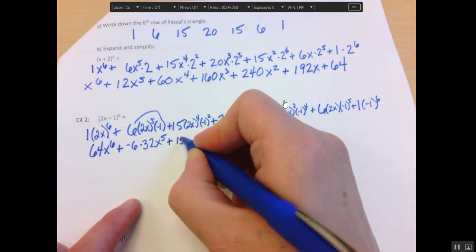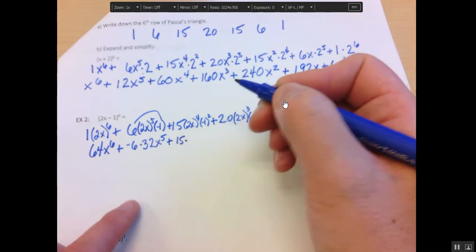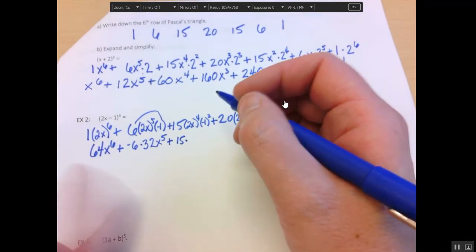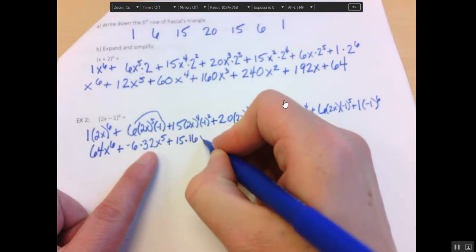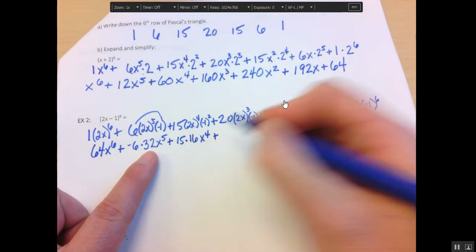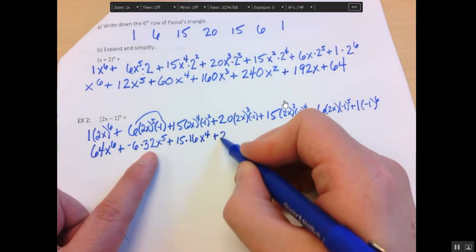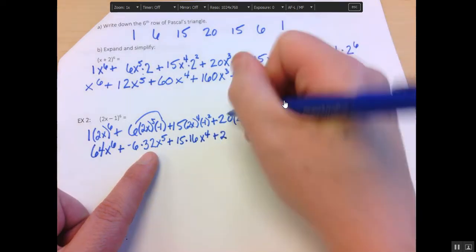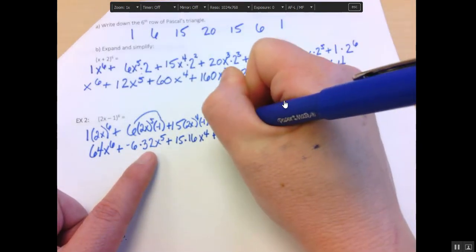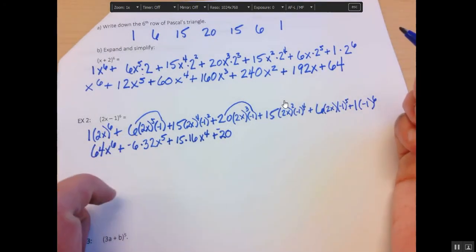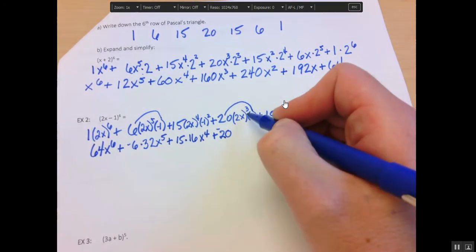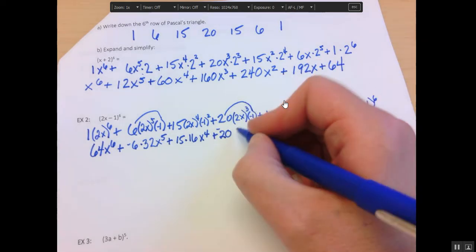So I have 15 times 2 to the 4th. How much is 2 to the 4th? It's 64, 32. This one's 16. Plus, let's see, this is going to be 20 times negative 1, so that's negative 20. 2 to the 3 is how much? 2 to the 3 is 2 times 2 times 2, 8.